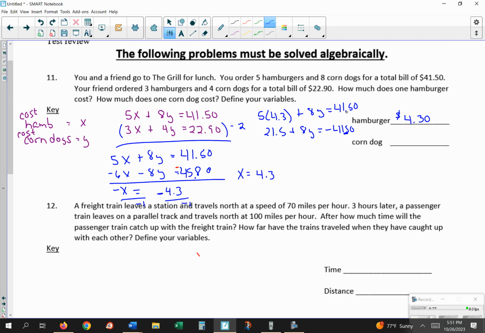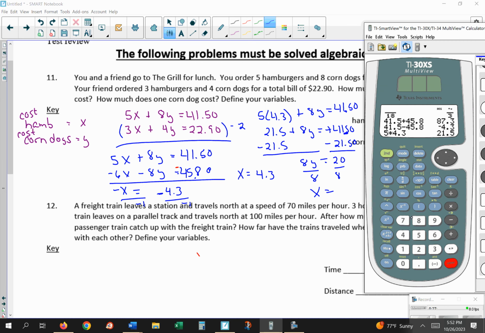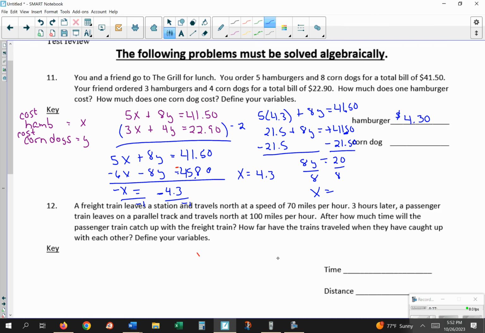And don't lose decimals like I'm looking like I'm doing. So 8y is equal to 20. Divide both sides by 8. This is money, so I do need to convert. 20 divided by 8 gives me 2.5. And of course, since we're talking about the cost of the corn dog, that's $2.50.